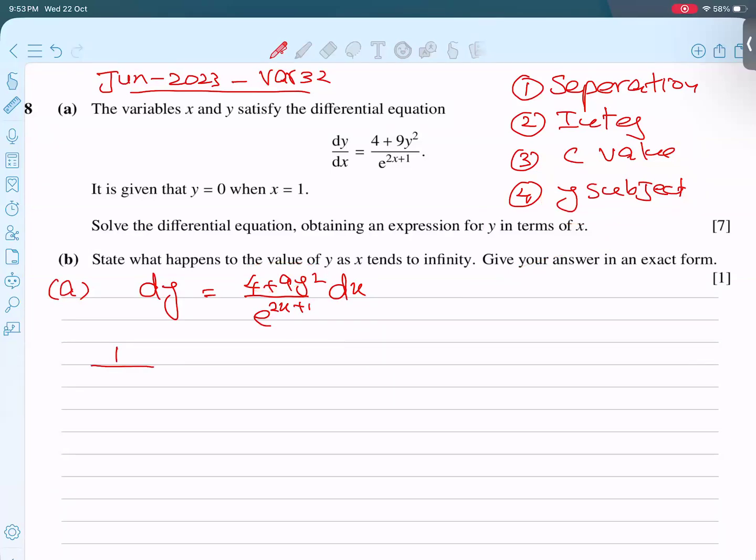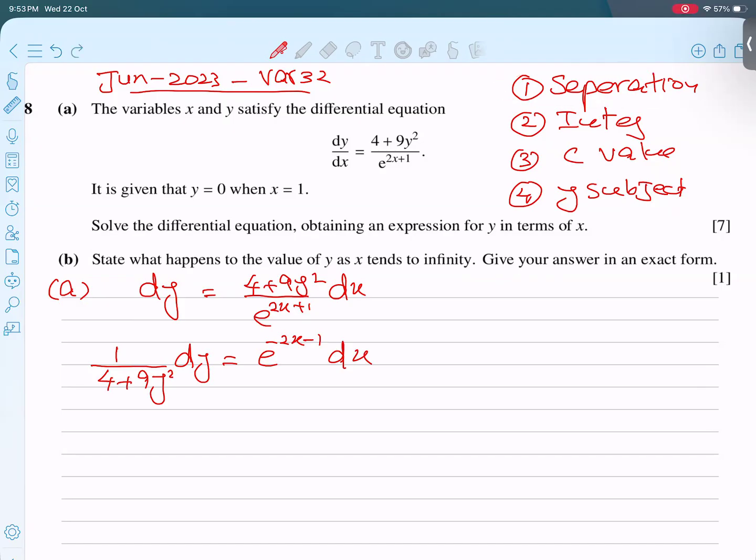So I get 1 over (4 plus 9y squared) dy. And this exponential I can bring up, because it's compulsory, negative 2x, negative 1 dx. So separation of variables is completely done. So the first step is over.